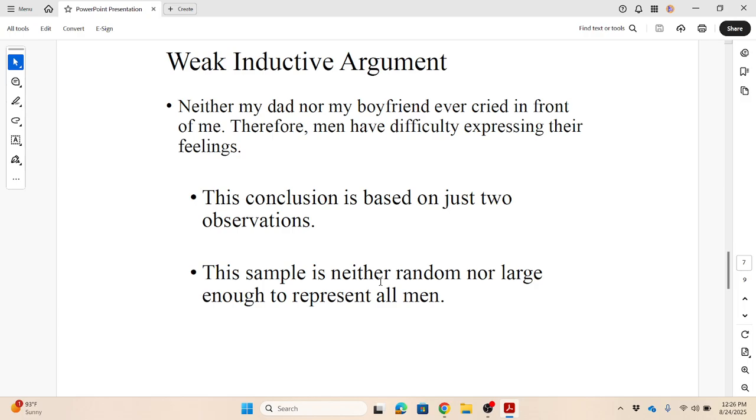So this type of conclusion is an inductive argument, but it's a very weak conclusion. This sample is neither random nor large enough to represent all men. So, based on some specific examples, if we make a conclusion, that's called inductive reasoning, and sometimes that might be very strong or may not be very strong.